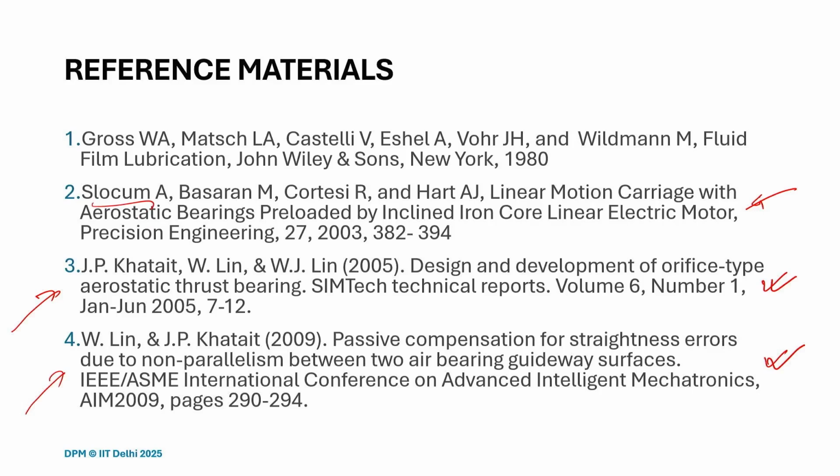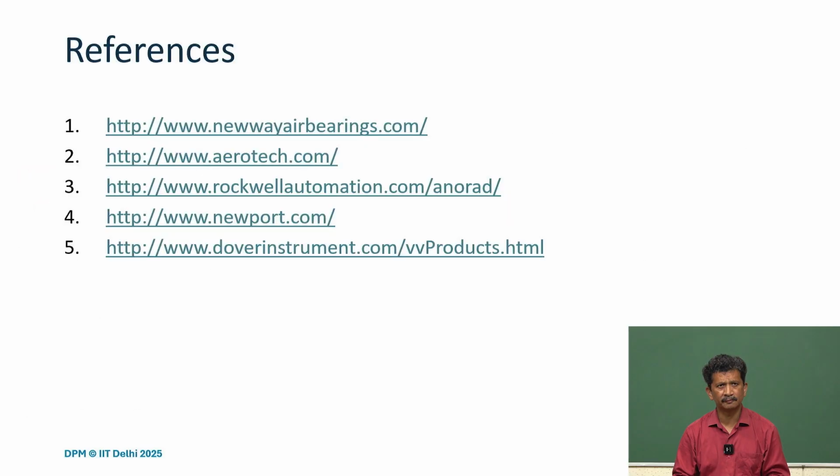And if you want to know more about air bearings, there is a lot of material by Gross. Unfortunately, this book is many times not available these days, but if you search enough, you may be able to find it. So these are the reference materials you can always look at.